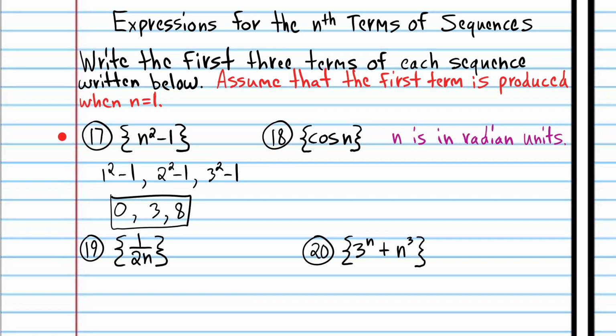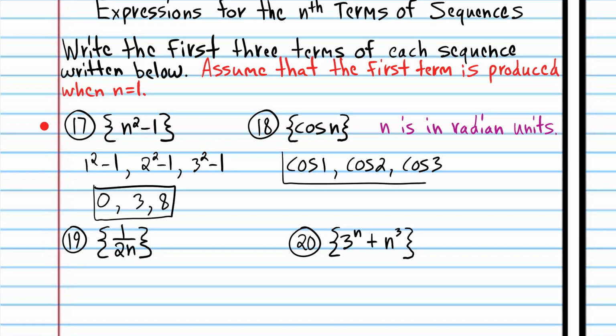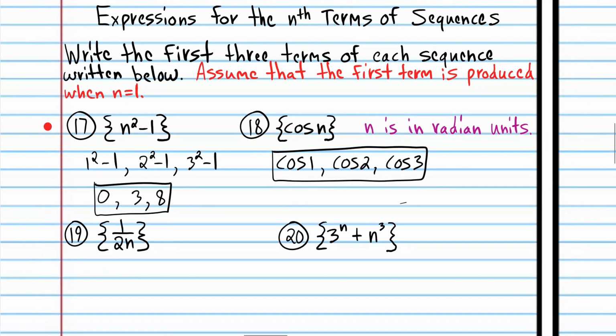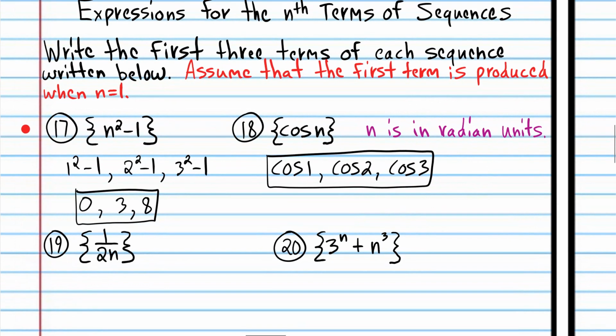Now over here we have cosine, so we're going to plug in 1. We always plug in 1 first, and then 2, of course, and the subsequent positive integers. And we could use a calculator with radians whenever you define some sort of a trigonometric function. It's always important to mention if you're going to use degrees or radians.